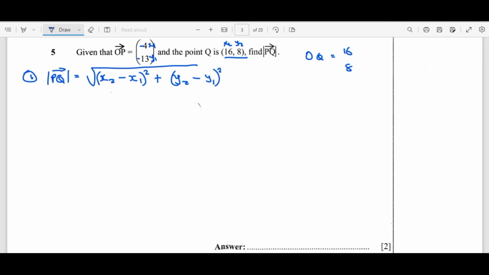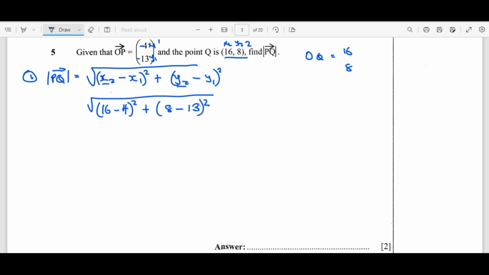Meaning that if this is 1 and this is 2, then we can work out x2, which is 16 minus 4, in brackets, raised to the power 2, plus, open bracket, y2, which is 8, minus y1, 13, raised to the power 2.